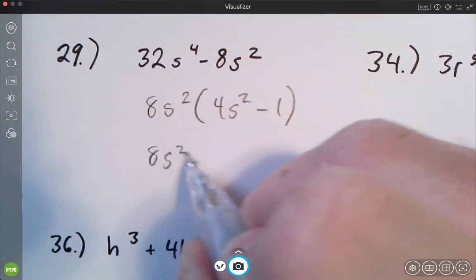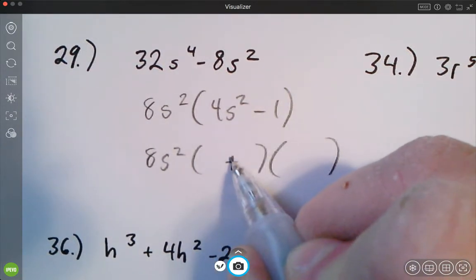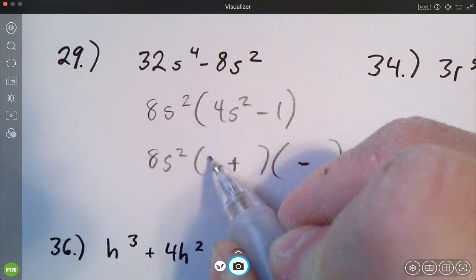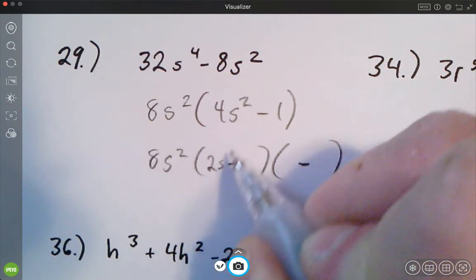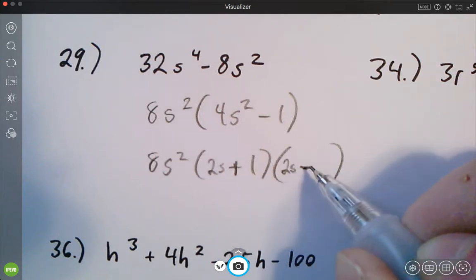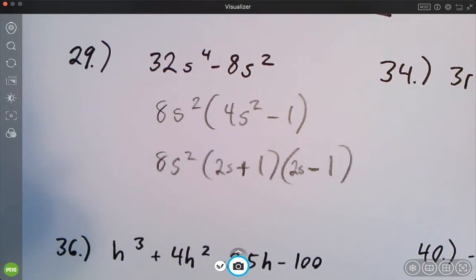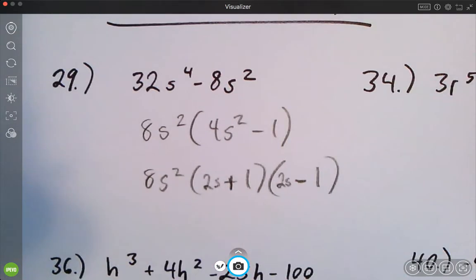So I write 8s squared, and because that's subtraction, I make it a plus and a minus. The square root of 4 is 2s, and this is 1, so it's 2s plus 1 and 2s minus 1. So for 29, that's the factored completely version.